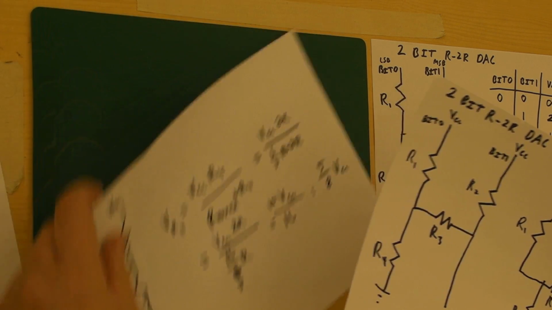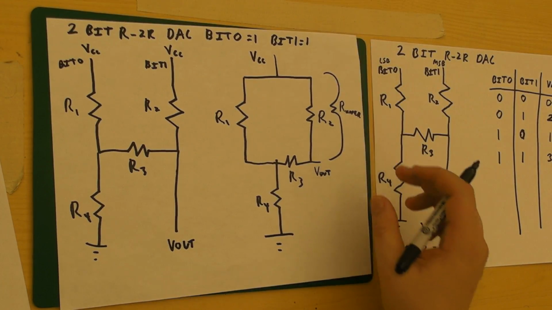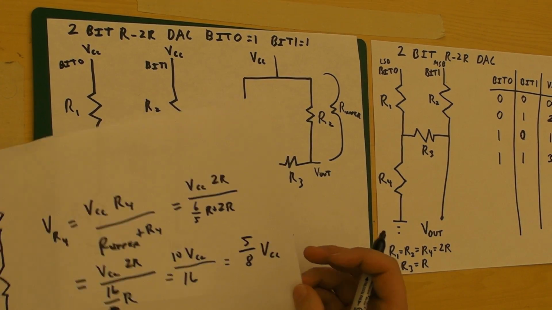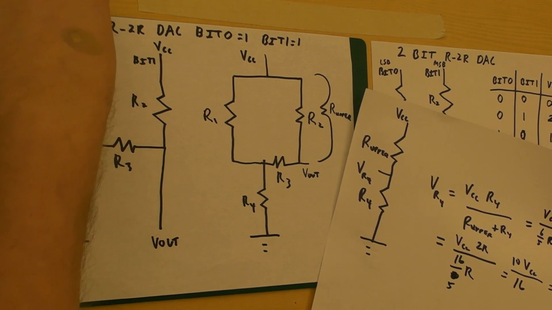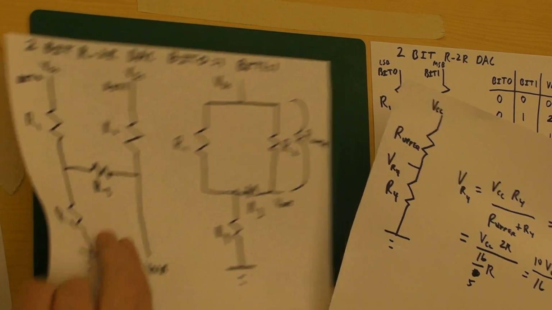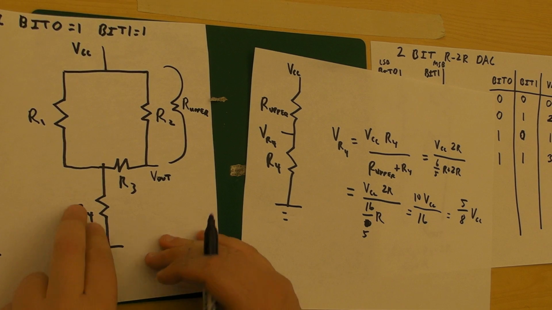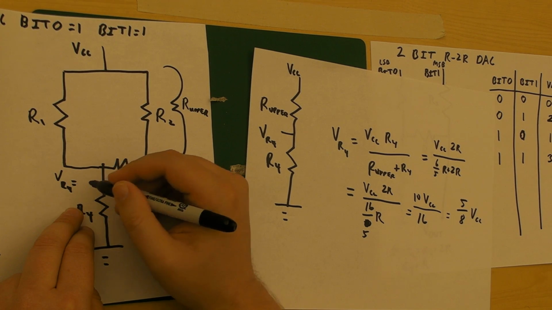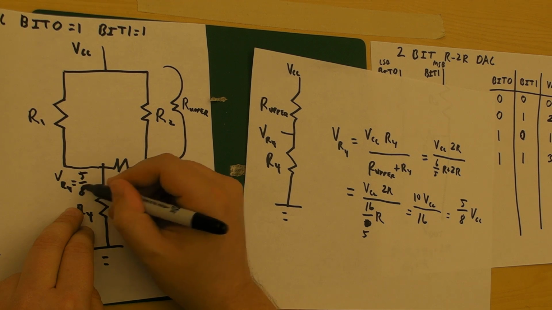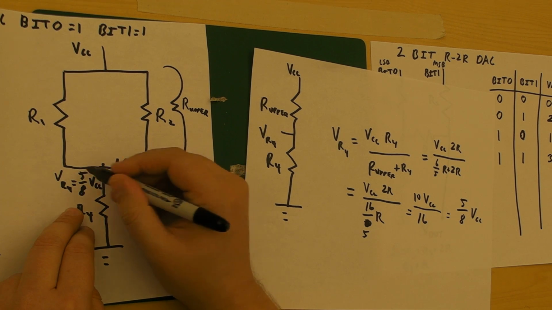Now going back to our main circuit, let's look at this. We know that VR4 equals 5/8 VCC. So that's right here.